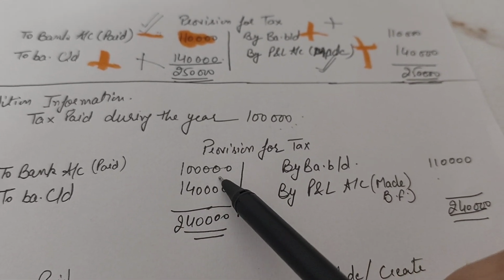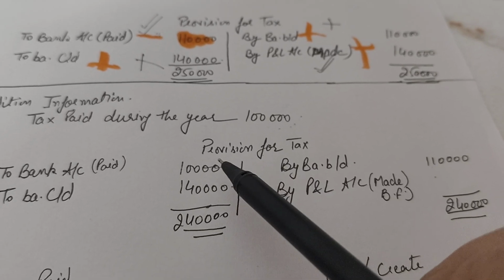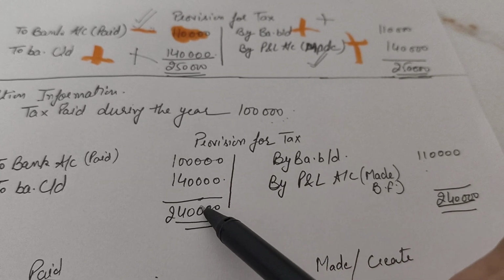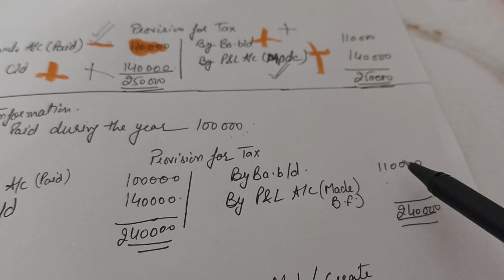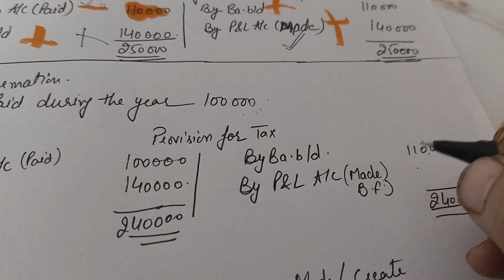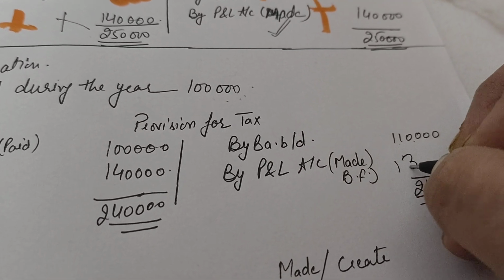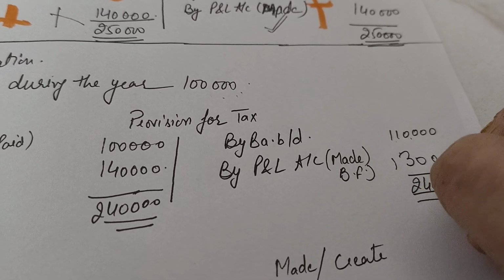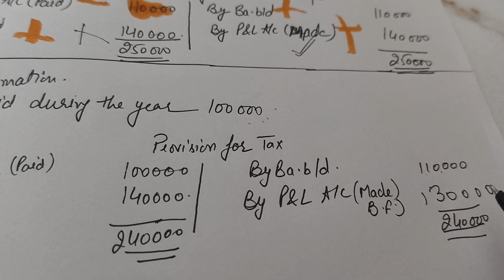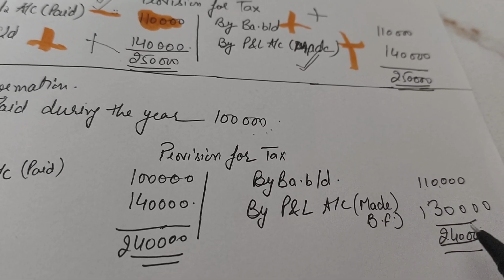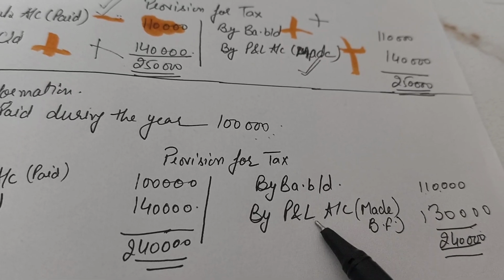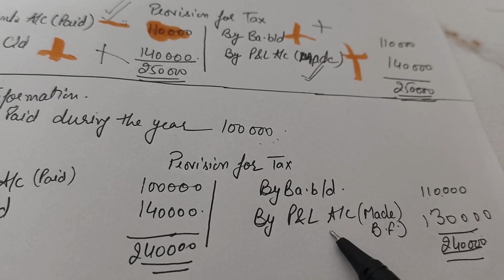So paid value is given in the question as rupees 1 lakh. Now the total of the account is 2 lakh 40,000 minus 1 lakh 10,000. What is the balancing figure here? For the paid value of your taxes, 1 lakh, and the made value for the tax is 1 lakh 30,000, that will be treated from the profit and loss account, right?